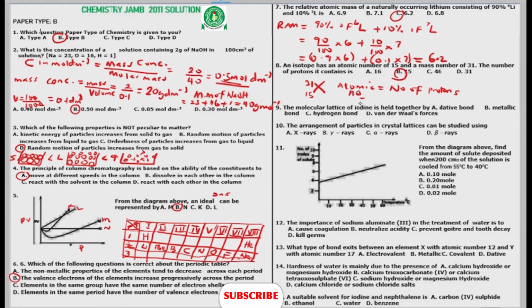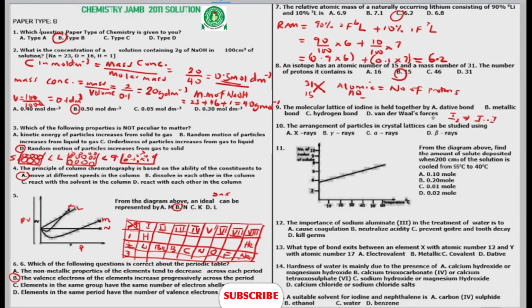Now the molecular lattice of iodine is held together by what? Iodine is an electronegative element which forms a bond like this.